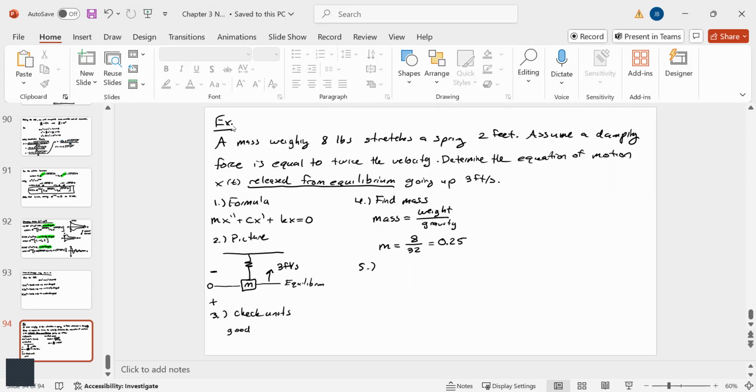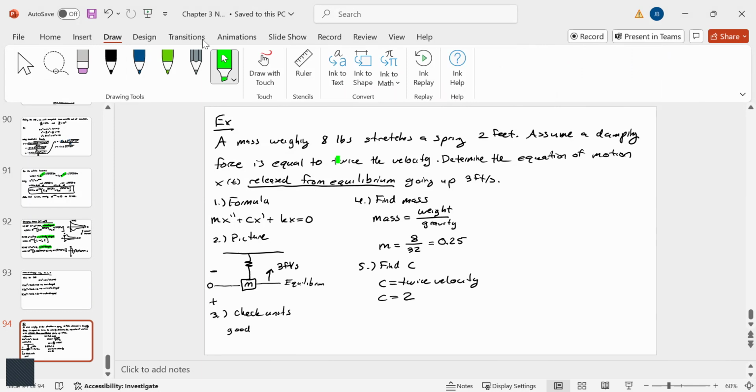Okay. Step 5, find c. c is not complicated. c is just in the problem statement. So c is equal to twice velocity. So c is equal to 2, right? There we go. And then step 6 is to find k.